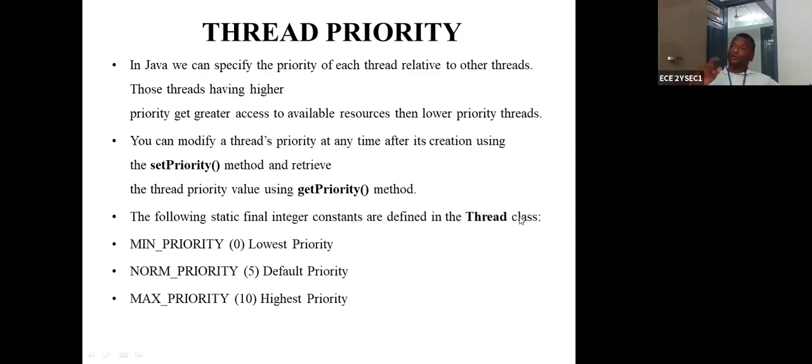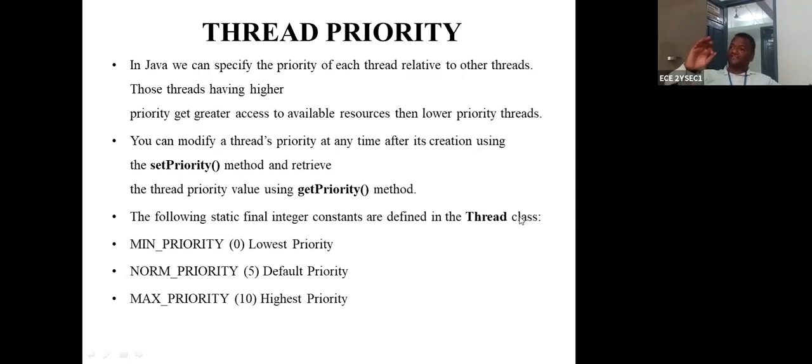Second point, suppose the lowest priority thread is working. I repeat, the lowest priority thread is working, it is in process. While it is in process, a highest priority thread comes into the picture.